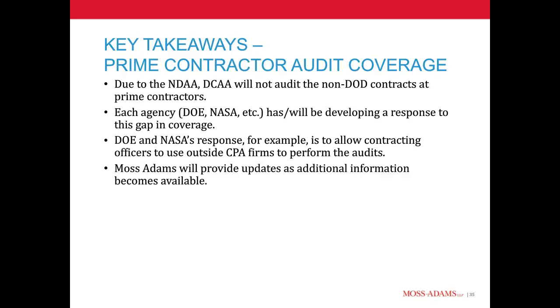Others are trying to decide how they want to address the situation. And DOE and NASA's response, as we know, is to start utilizing outside CPA firms in many cases to perform the audits. And we definitely are going to be tracking this, and we're definitely going to be providing additional information as it becomes available. You can be certain of that.